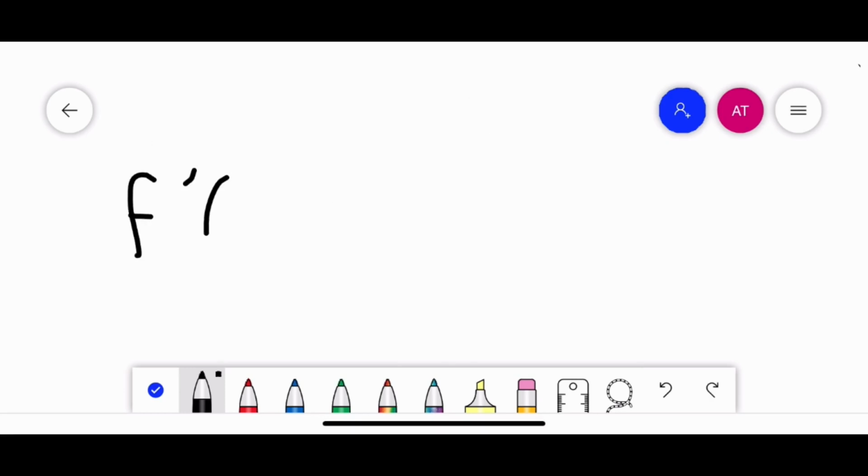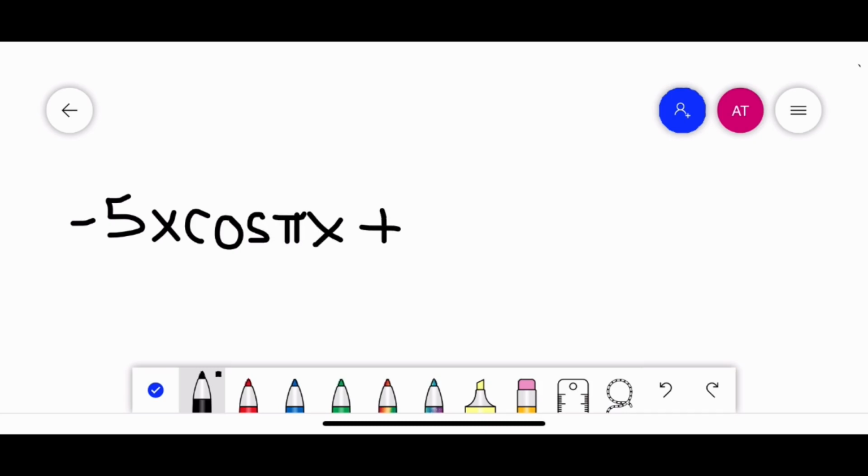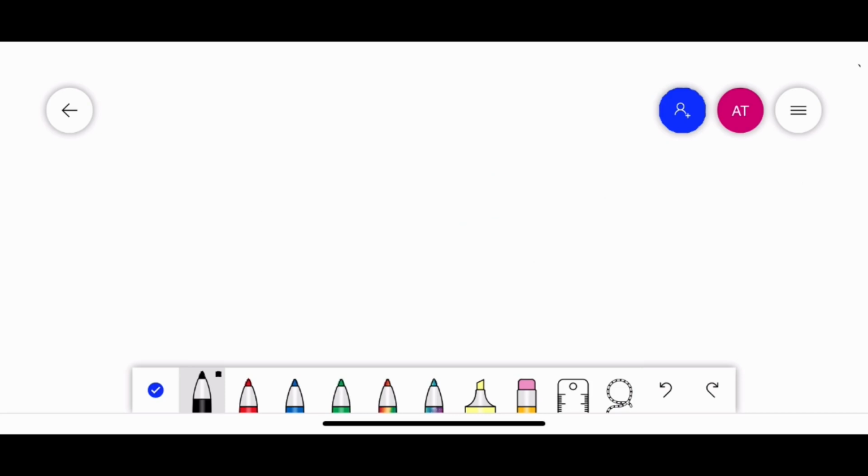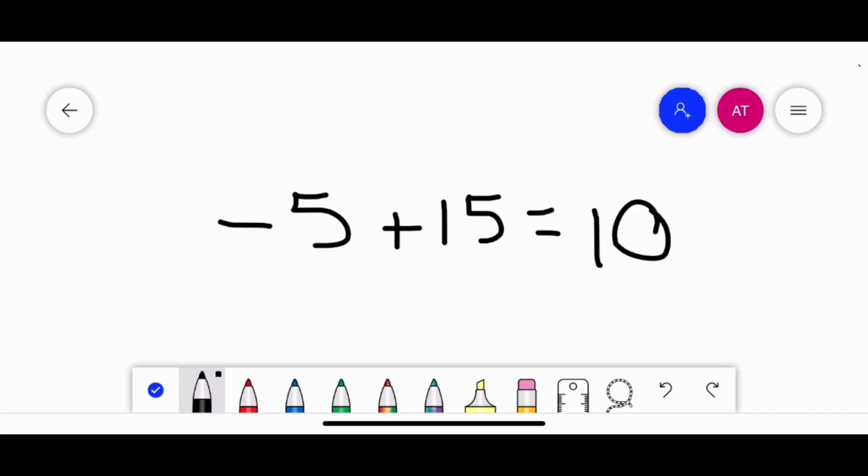Now the question wants us to find f prime of minus 1, so then it becomes minus 5x cosine pi x plus 5x cubed plus 3x squared times cosine pi x cubed. Now if we substitute minus 1 into that equation, we get minus 5 plus 15, which is equal to 10.